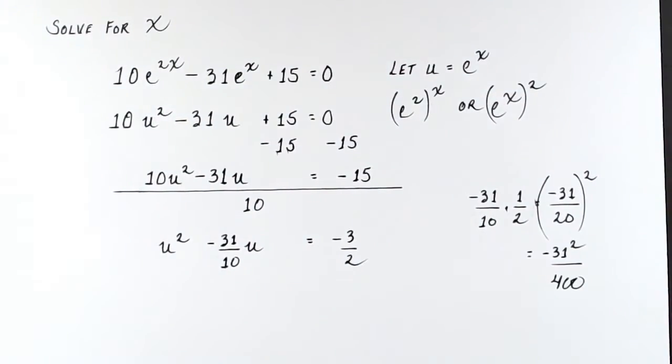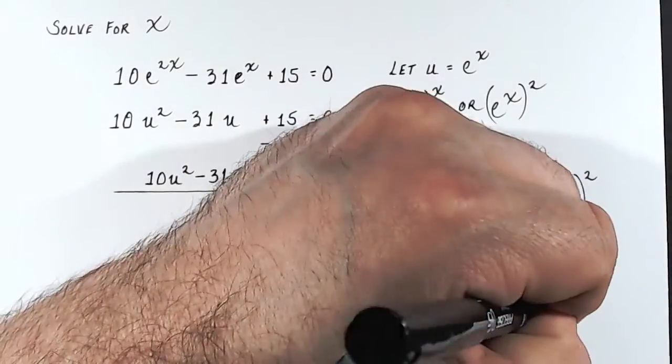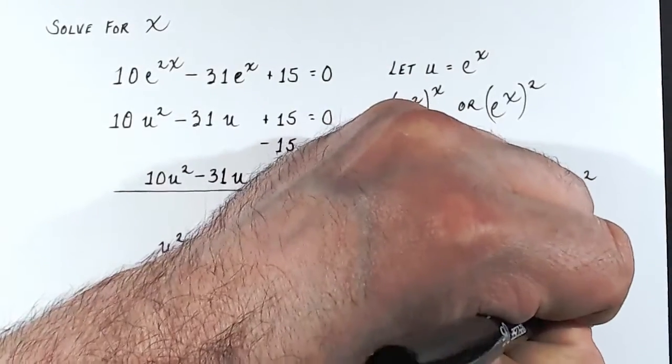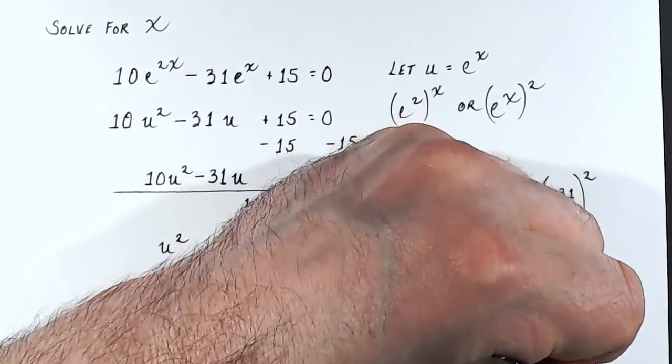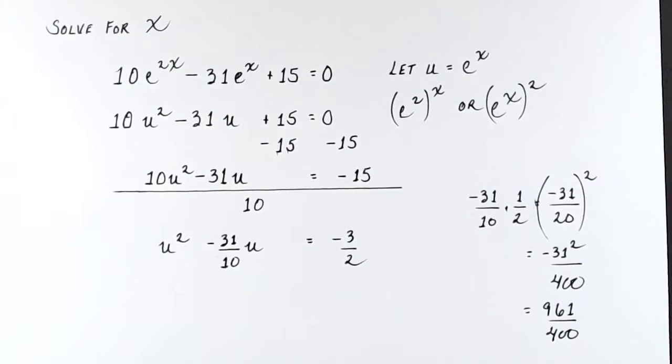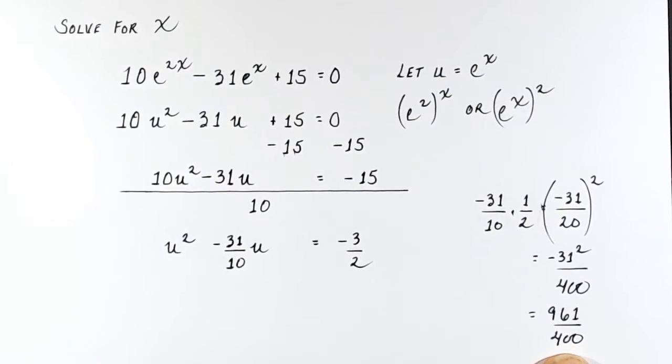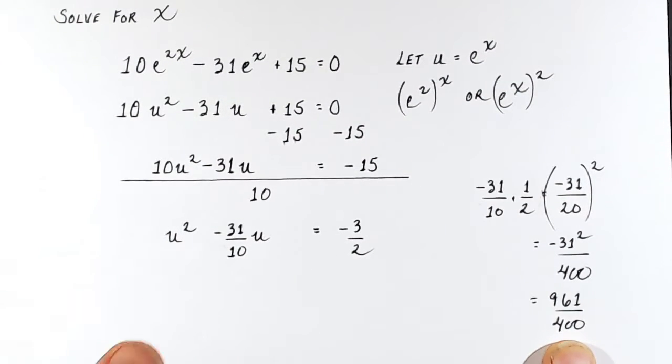So what's negative 31 squared? Well, I've done the work. 31 times 31 is 961. So this is going to be 961 over 400. That's the square of half that middle coefficient.